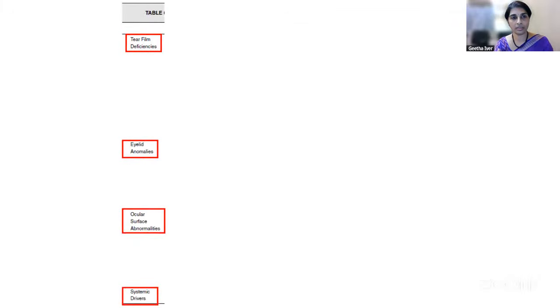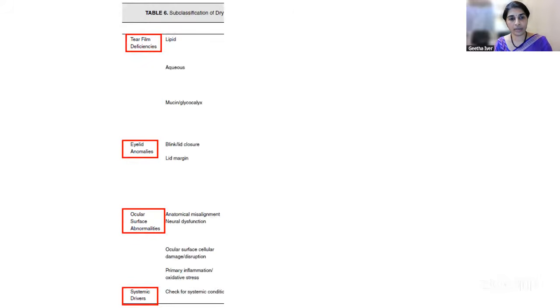So what I've done here is broken it down into the 4 main drivers which are considered as etiological drivers for dry eye disease: tear film deficiency, eyelid anomalies, ocular surface abnormalities, and systemic drivers. Each of them is further subdivided into aspects which constitute them.